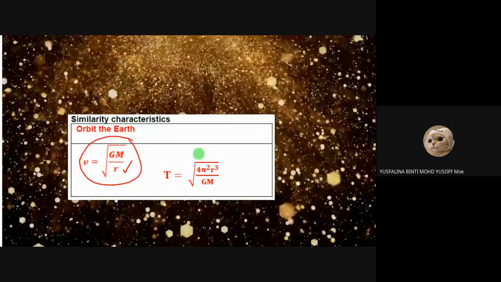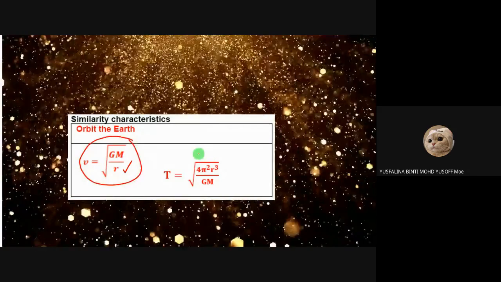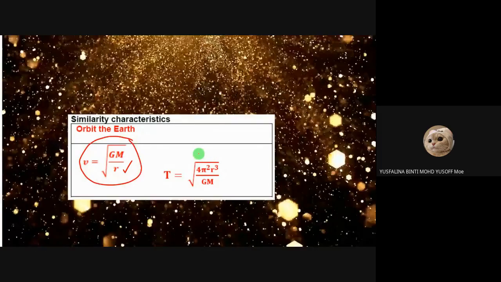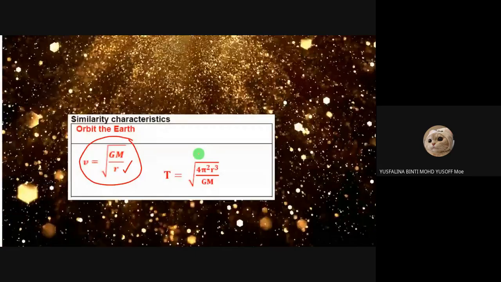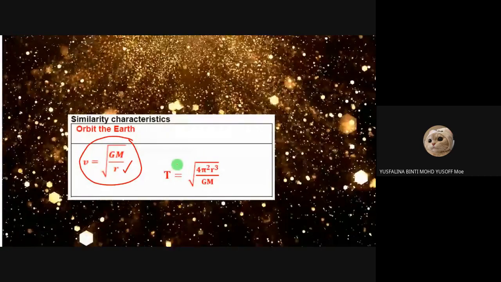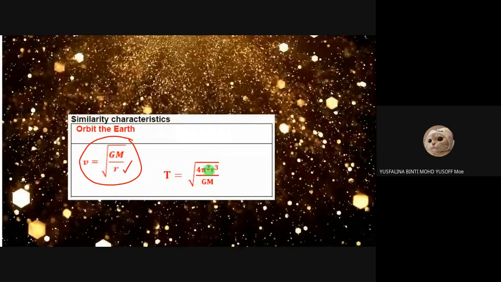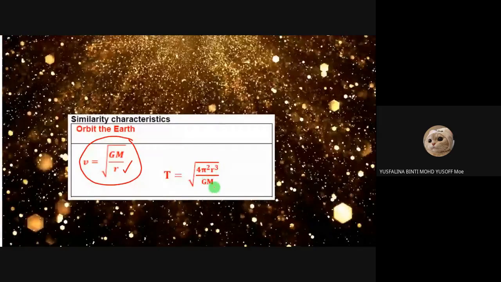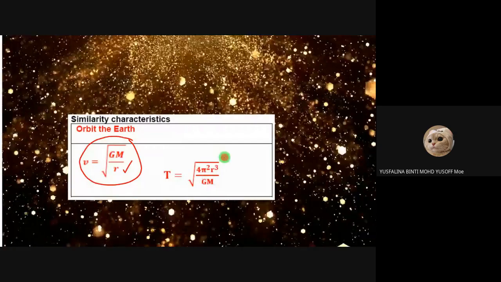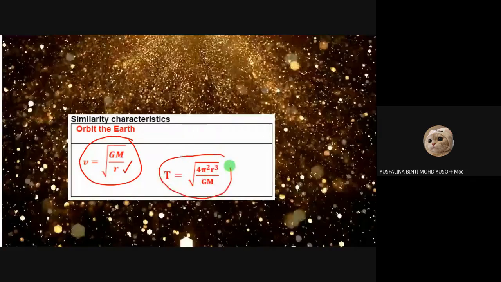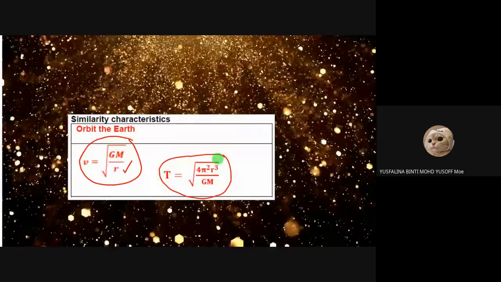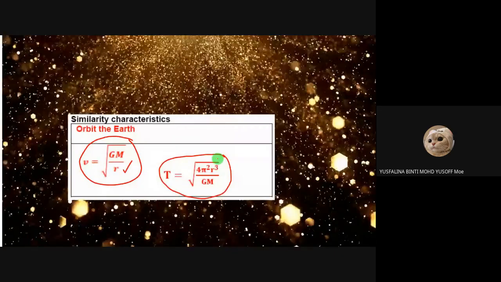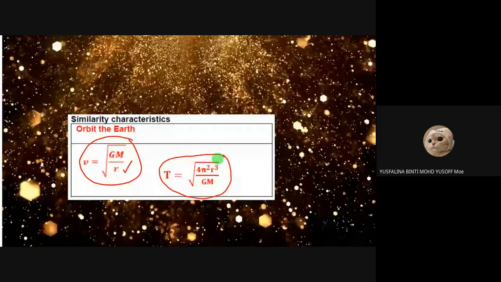Also for the orbital period of the satellite, you can use T equals the square root of 4 pi squared r cubed over GM. Remember, what law is this? Anyone still remember what law this comes from?